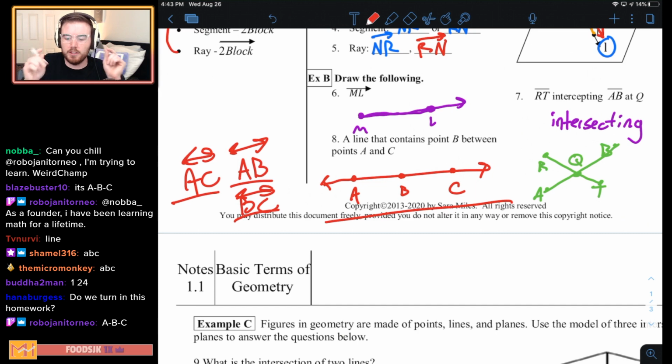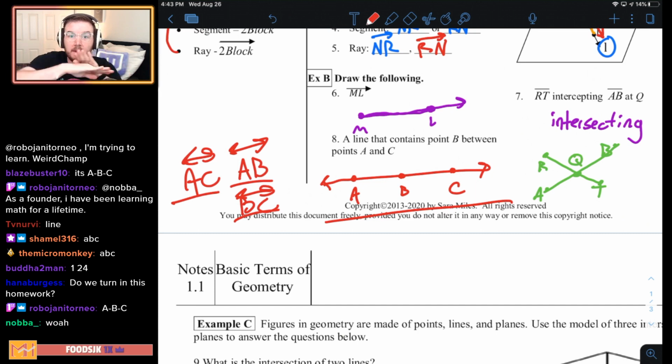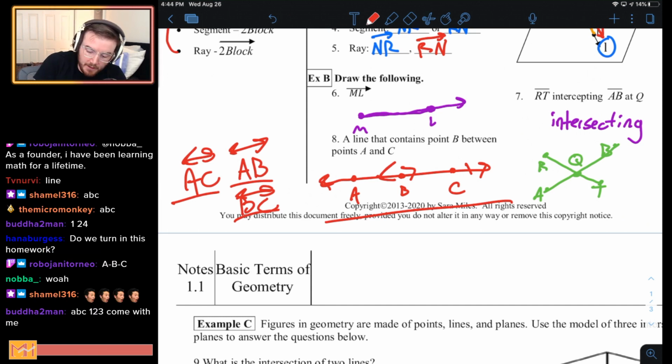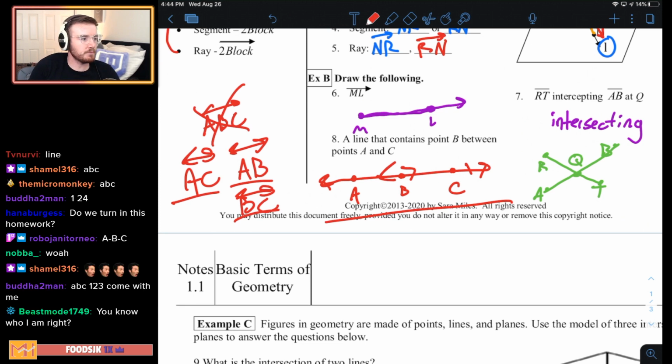It doesn't matter what two letters you choose on that line because it's infinite. Whether I'm talking about this or whether I'm talking about this, it includes all of them. You're going to get that entire line because it's infinite. You would not refer to this as line ABC. Okay, that's wrong.